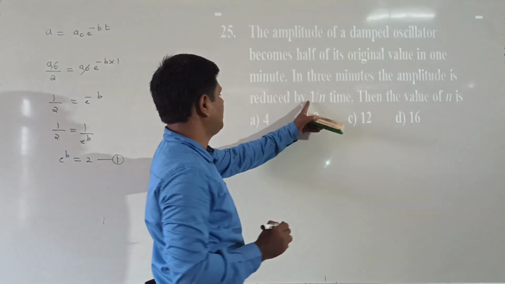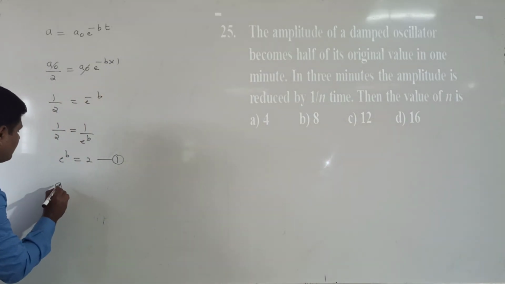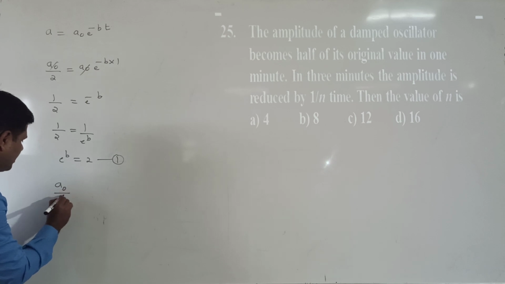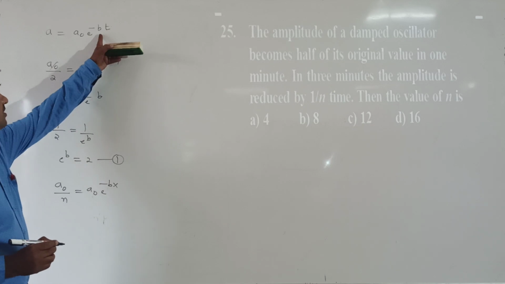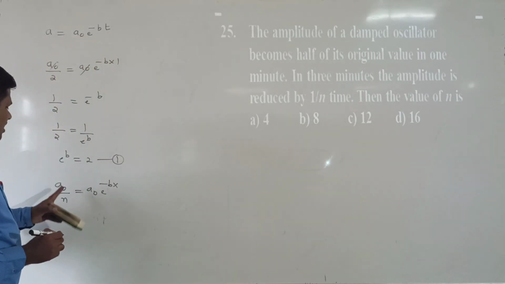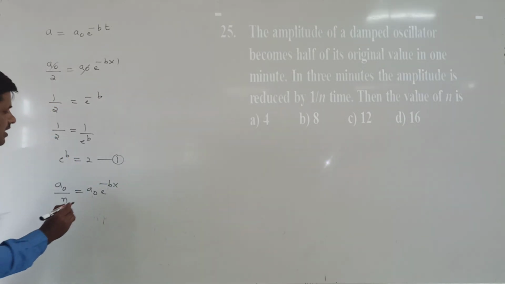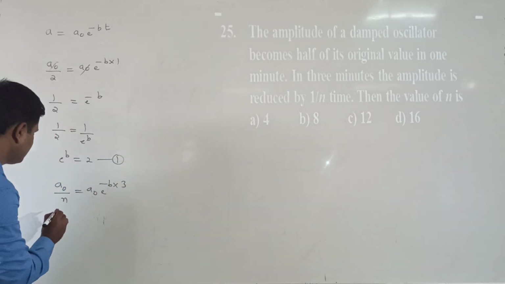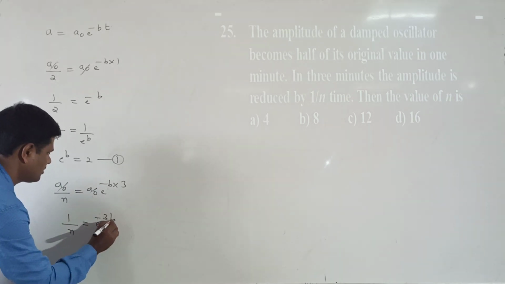In 3 minutes the amplitude is reduced by 1 by n times. 1 by n times means A0 by n is equal to A0 e to the power of minus b into time, and the time given is 3 minutes. Now A0 cancels, so 1 by n is equal to e to the power of minus 3b.